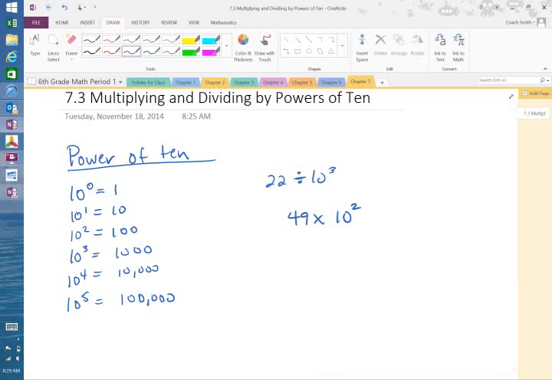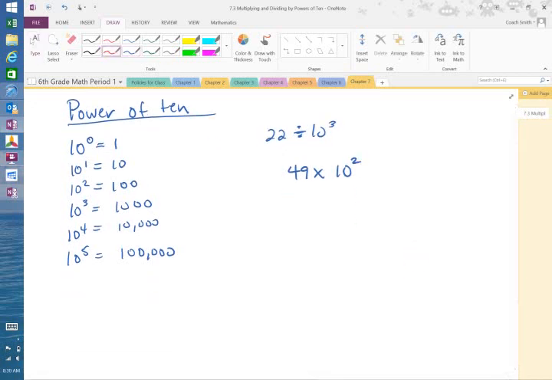Now, what we're going to find out is if I multiply 4 times 10 to the first power, 4 times 10 to the first power is the same thing as 4 times 10, which is the same thing as 40.